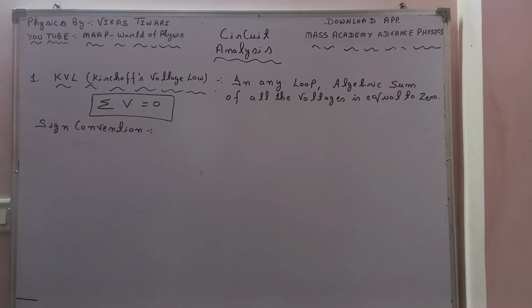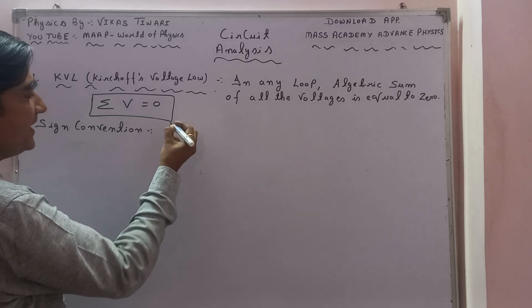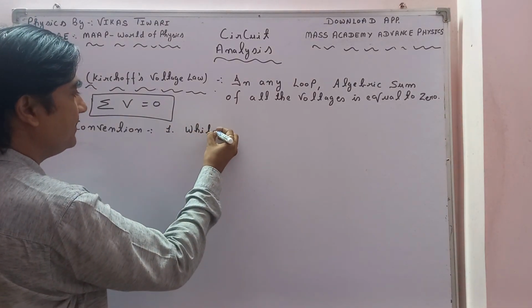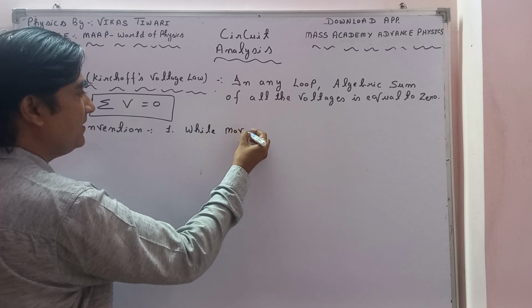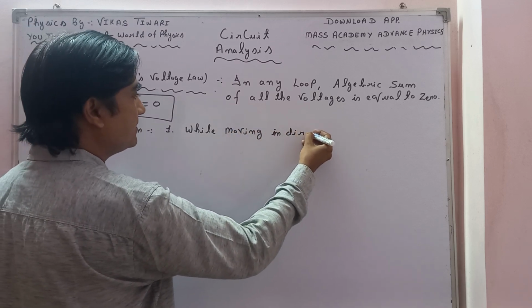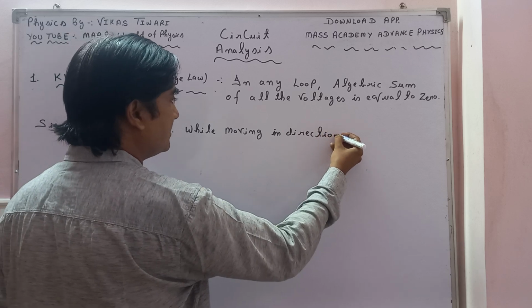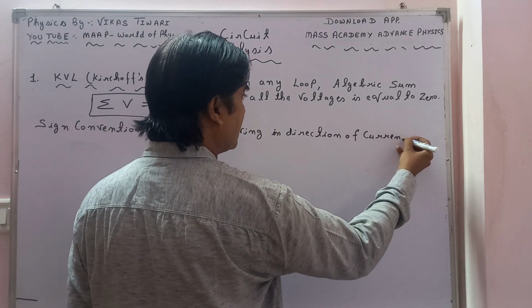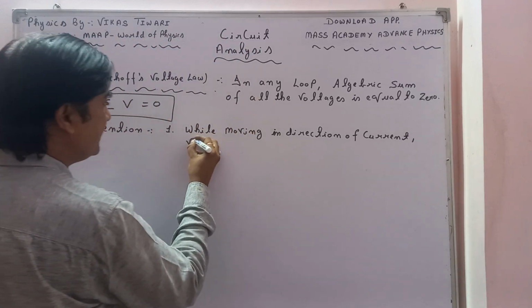The very first sign convention is: while moving in the direction of current, voltage drop.